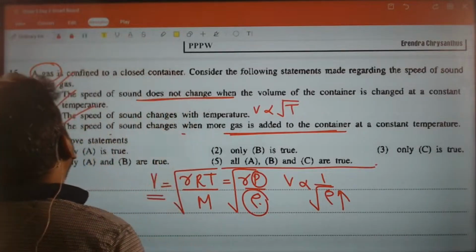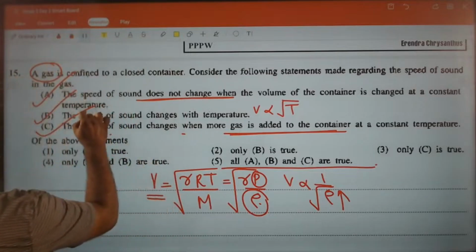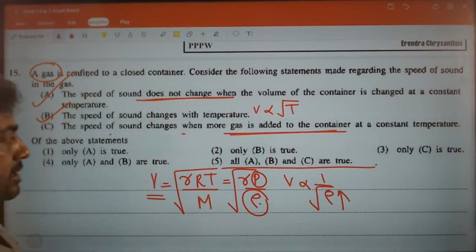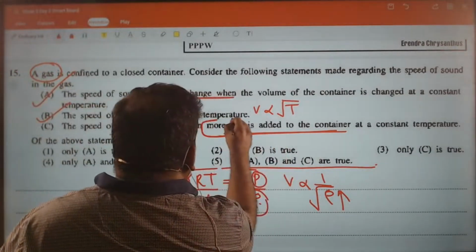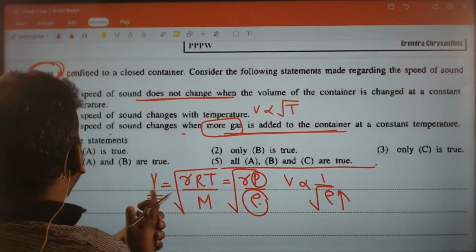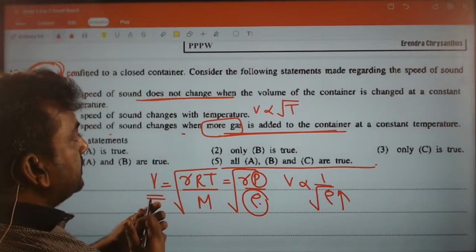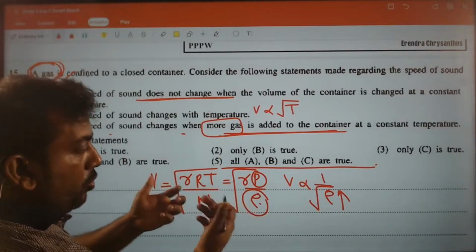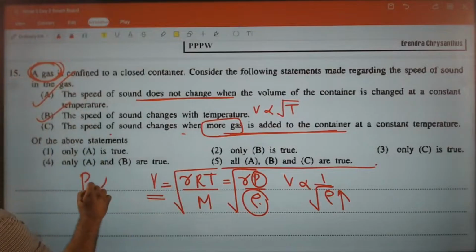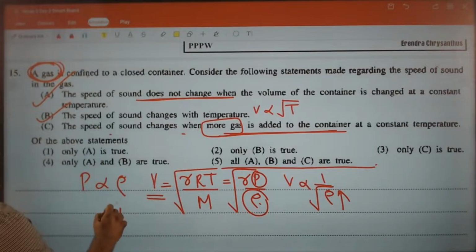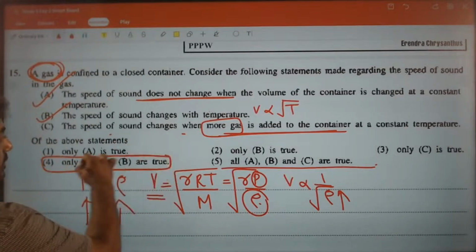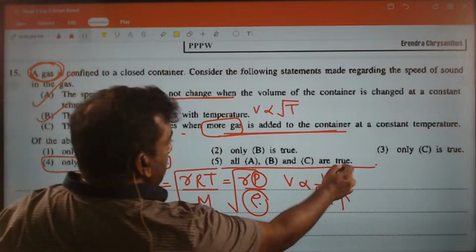Now if a different gas is added, that's it. Look at this. So be careful. That's why I double checked it. More gas means here the same gas. If you are adding the same gas, what happens? Density changes, so pressure will change. Speed of sound will not change. So correct answer only A and B.